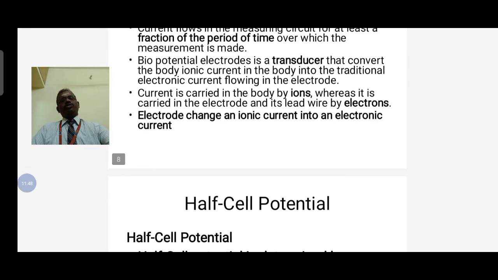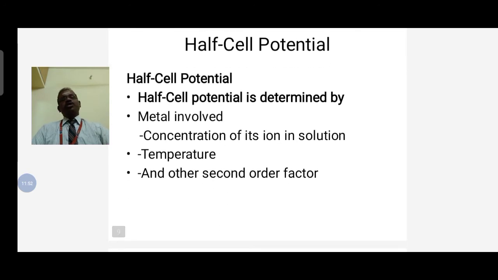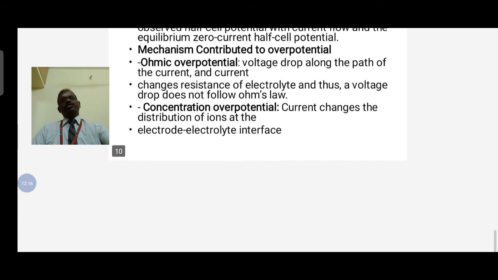Biopotential electrode. Next one is half-cell potential. The half-cell potential is determined by the metal involved, the concentration of the solution, temperature and other second-order factors.